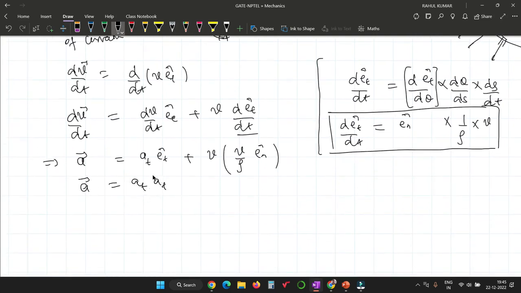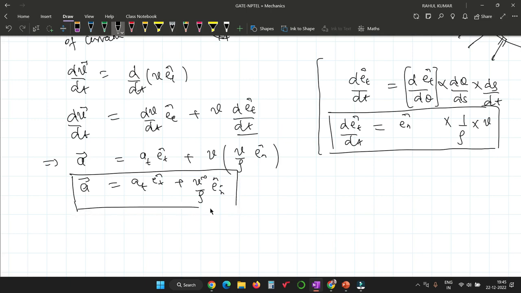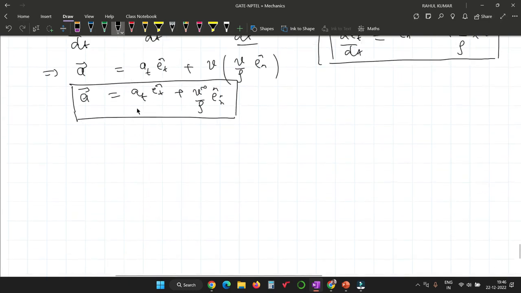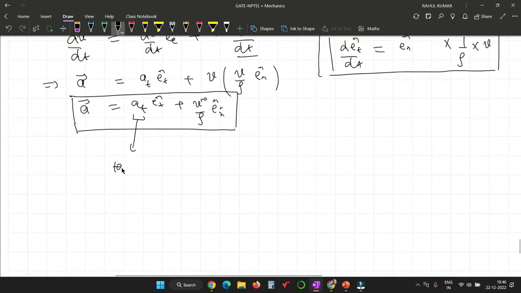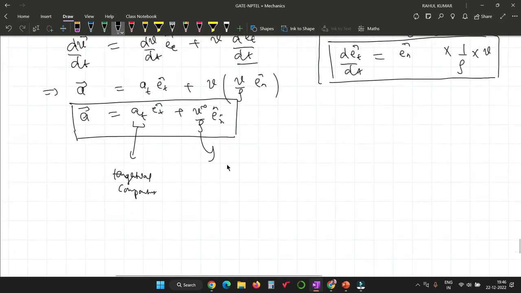At Et cap plus V square by rho En. This is the general formula of acceleration in curvilinear motion. This is called the tangential component and this is called the normal component.